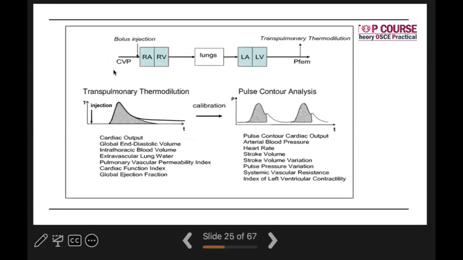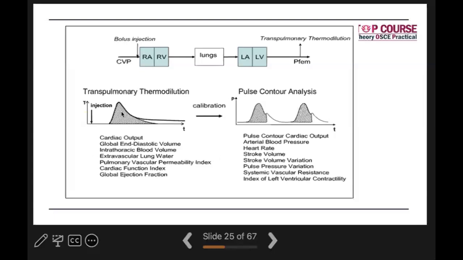So you can see that you inject the cold saline and then it reaches the peripheral arterial catheter, which senses the changes in the blood temperature. Okay, that is called transpulmonary thermodilution, and that is the method used for calibrating the device. And once calibrated, you are going to continuously measure the cardiac output using the pulse contour analysis.